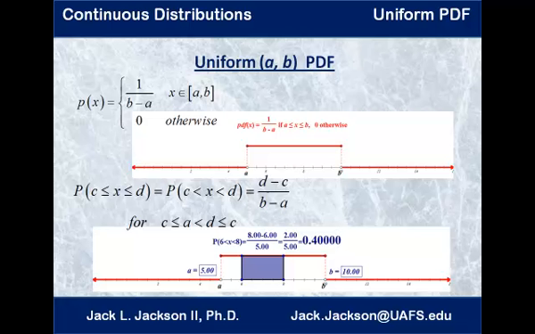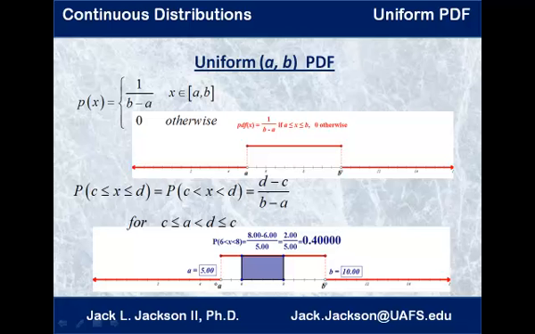And if you're finding the probability that x is between c and d, this is incorrect here. This should say a is less than or equal to c, which is less than or equal to d, which is less than or equal to b. So I'll fix that on the slide. So this is a, this is b here, and in between we have c and d.